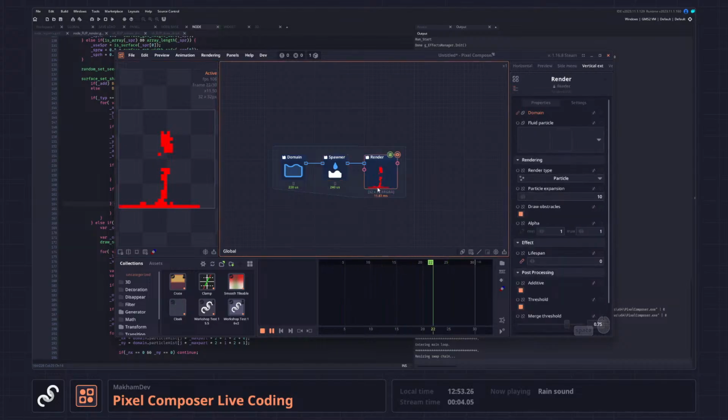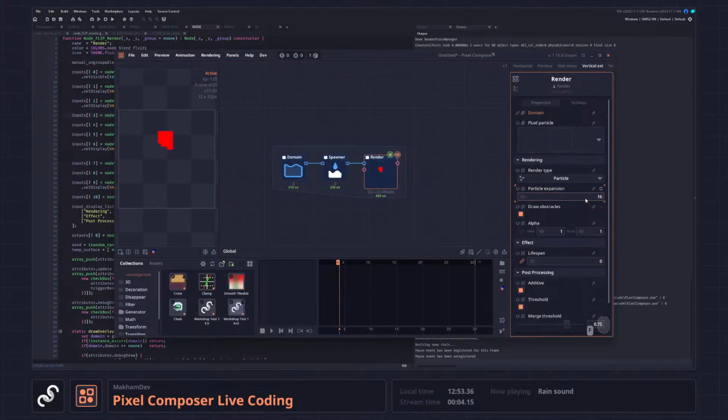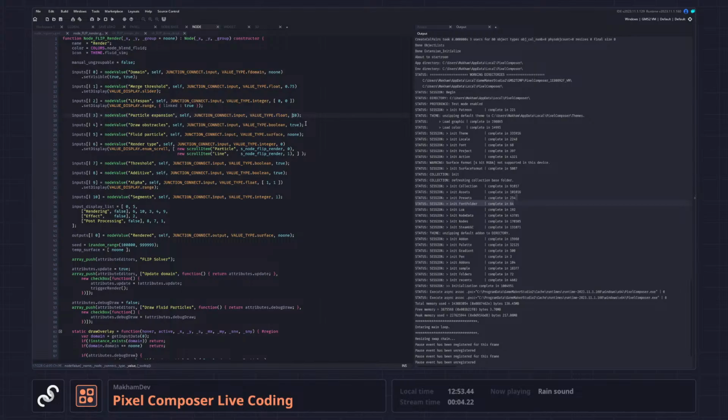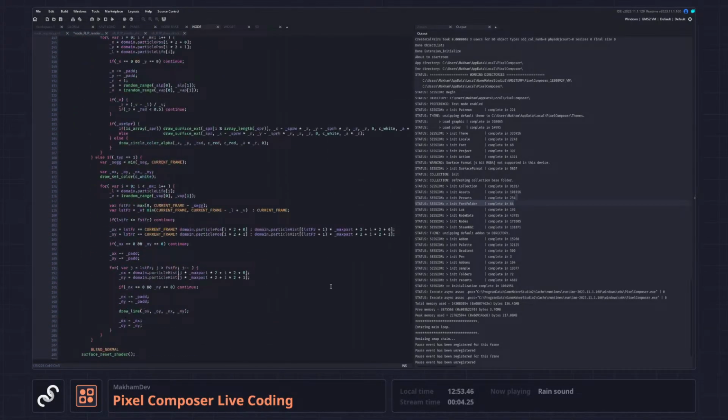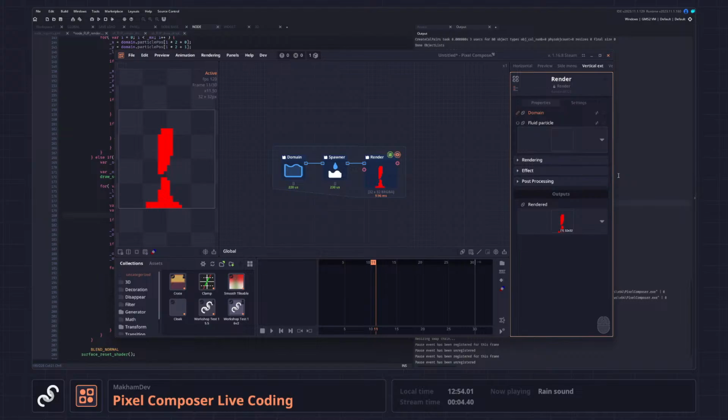Now we might want to increase the default particle expansion a little bit here. Let's say 16, 20. Yeah, let's just make it twice as big. And now we can fill in the color. That's really nice.